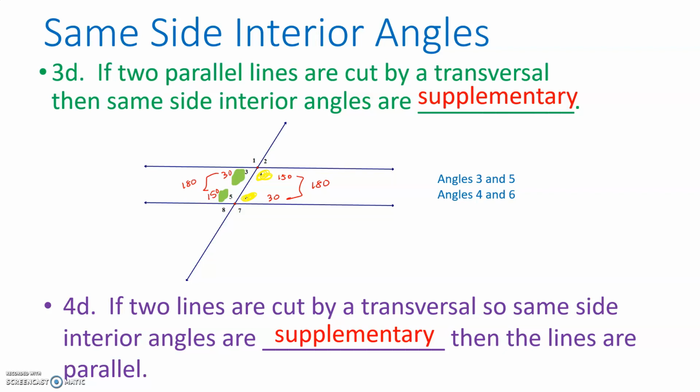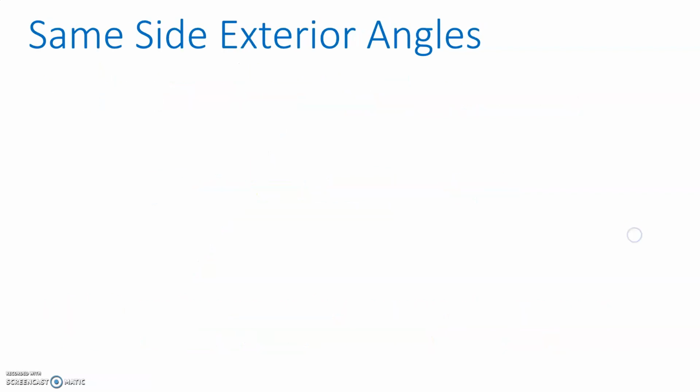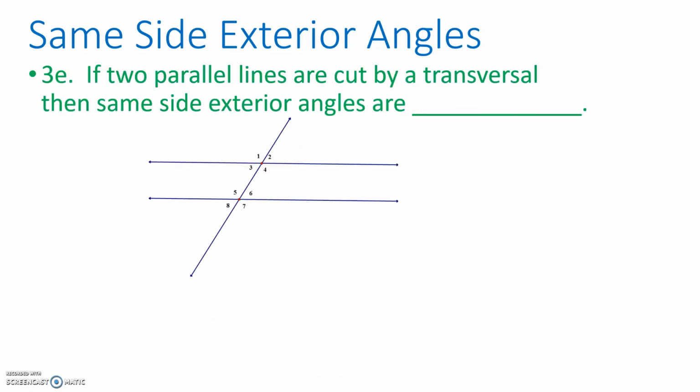Actually, we're doing two each time, so there's two more conjectures, the final two, and these are called same side exterior. So you can just about tell what these are going to be. So they're exterior angles. So here are exterior angles, but on the same side of the transversal.